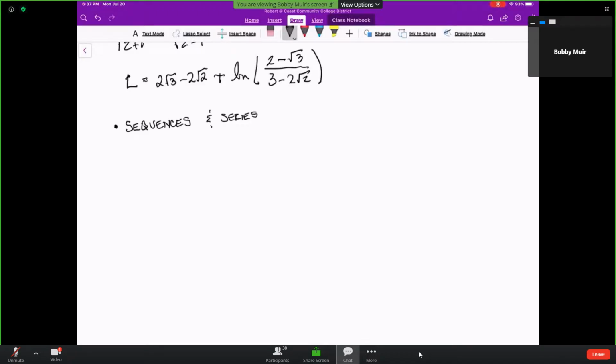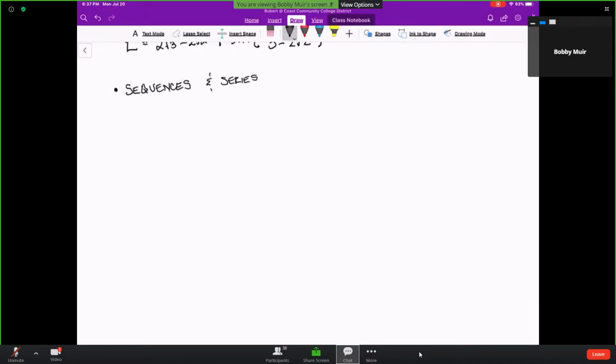All right. Okay. So, sequences and series. We had a sequence of numbers, a sub n, and we start our counter with 0 normally at this level, and it's an infinitely long sequence.